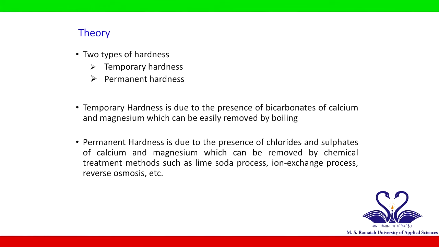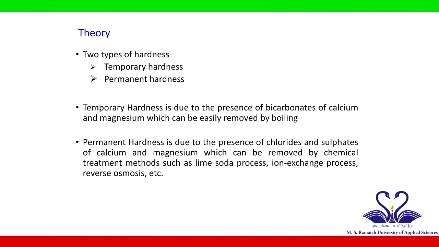Hardness of water is of two types. The first one is temporary hardness and the second one is permanent hardness. Temporary hardness is due to the presence of bicarbonates of calcium and magnesium, which can be easily removed by boiling. Whereas permanent hardness is due to the presence of chlorides and sulfates of calcium and magnesium that can be removed by chemical treatment.